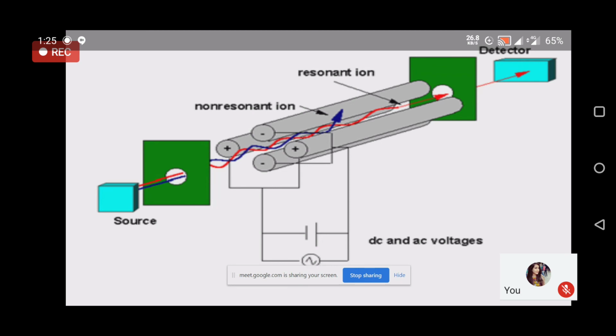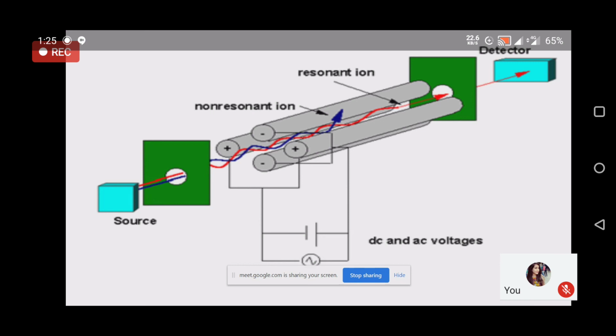I'm not interested in other m/z values. This becomes an ideal situation. You fix the settings of the potential of the electric field once and for all, and you don't have to change them at all. Every time you do the analysis, you will get the analysis for that particular selected m/z value.